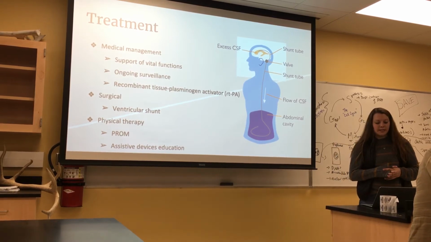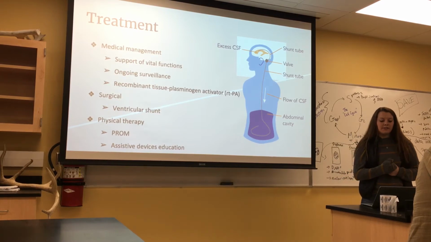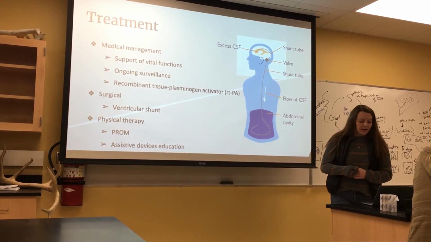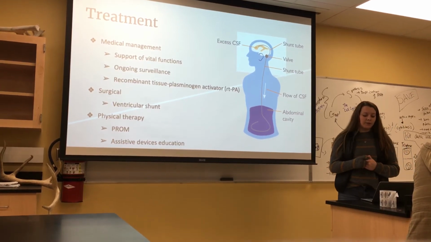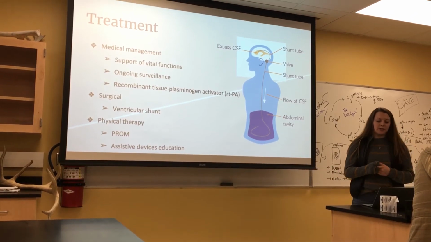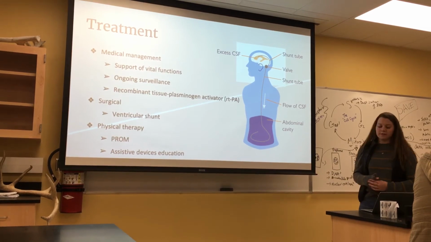Recombinant tissue plasminogen activator is a protein that is used to help dissolve blood clots if given within 3 hours of the onset of the symptoms. In a hemorrhagic stroke, surgery may be required to evacuate a hematoma or to stop bleeding, and also a ventricular shunt may be placed to drain cerebrospinal fluid. As you can see in the picture, that's the passageway for the shunt.